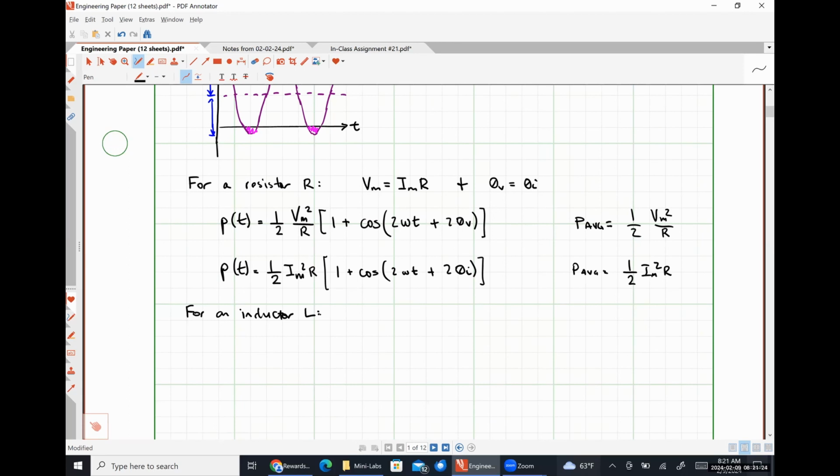So for an inductor L, what's our relationship between the magnitude of the voltage drop across an inductor and the magnitude of the current flowing in the inductor?